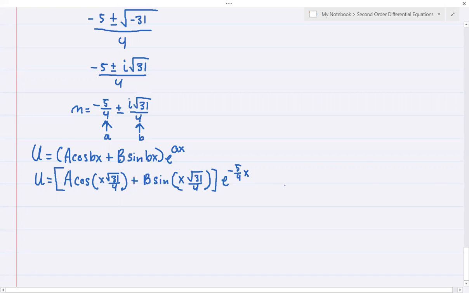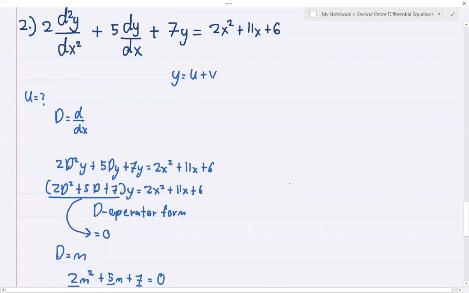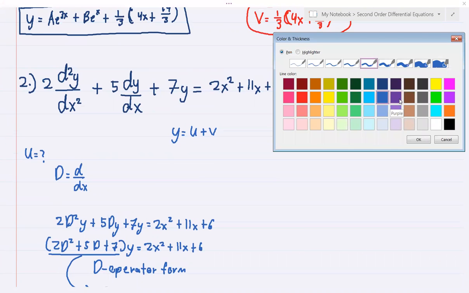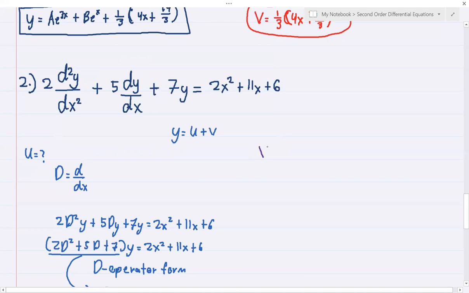That would be your u function. Now, let's get your v. I don't expect this to be long actually. I'm going to use different colors since the color red produces too much brightness, you know what I mean? So let's just use purple or dark purple, if that's what you call it.